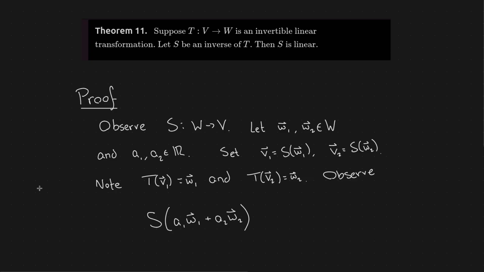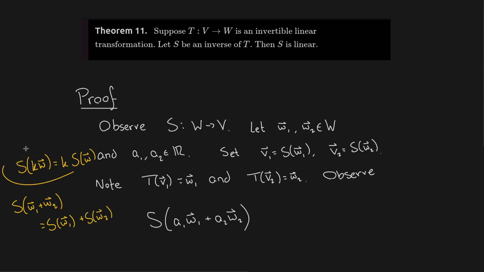That is, that it preserves scalar multiplication and that it preserves vector addition. These are the usual conditions we need to prove that a transformation is linear, right? If I could show this is true, then this is a linear transformation.